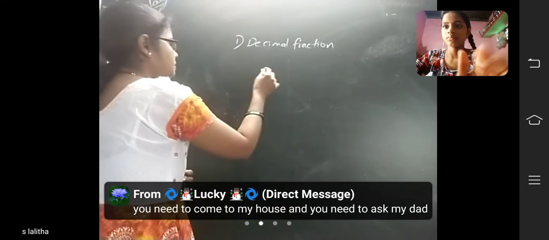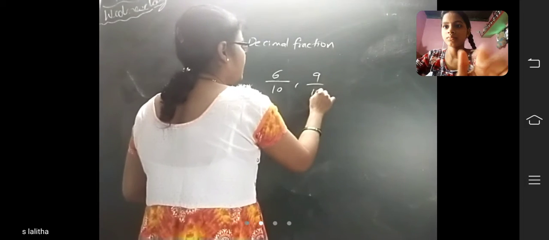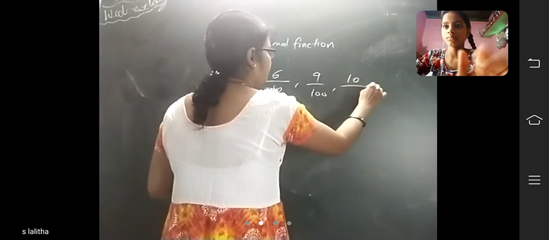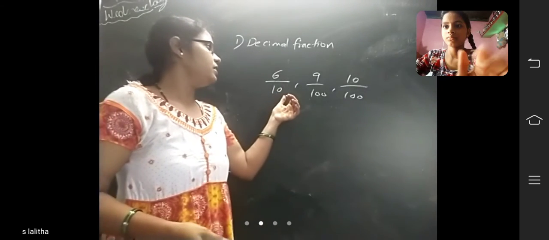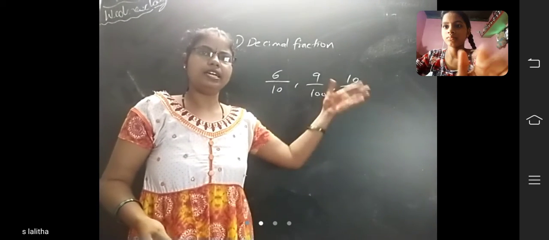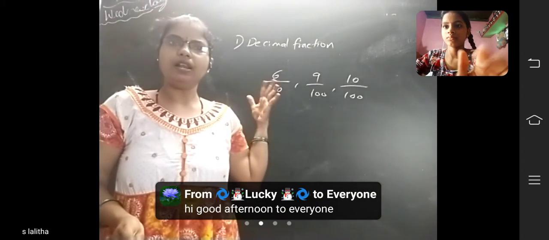For example, 6 by 10, 9 by 100, 10 by 100. Fractions with denominators like 10, 100, 1,000, 10,000 are called decimal fractions.